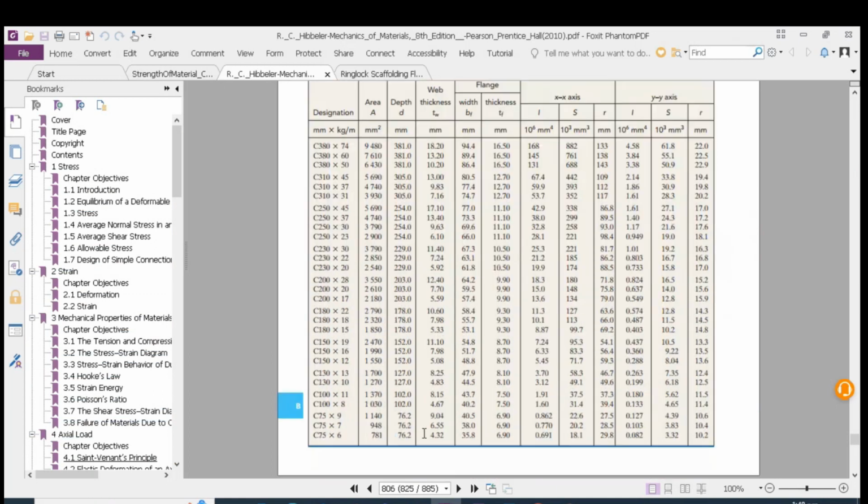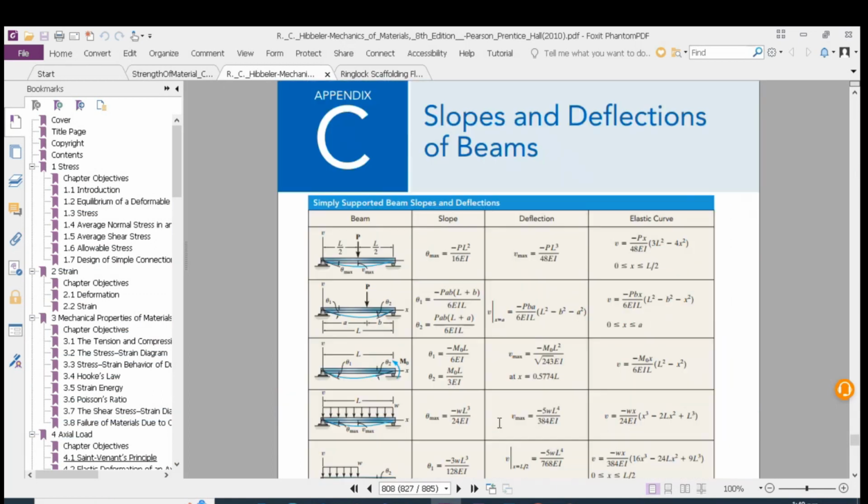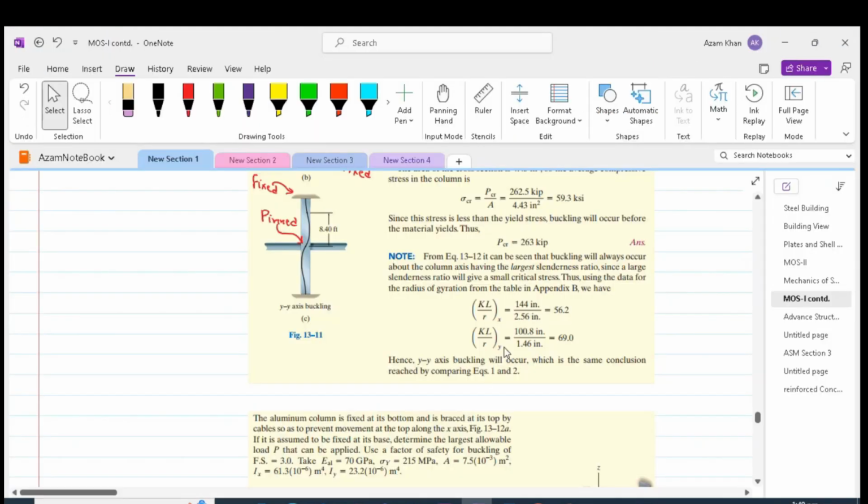So let us go to Appendix B, and we can visit the same appendix and get our constants. So from these both equations, we have got the y-axis or the minor axis being susceptible to buckling.